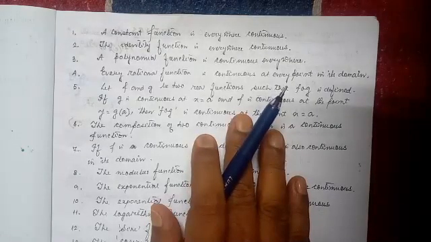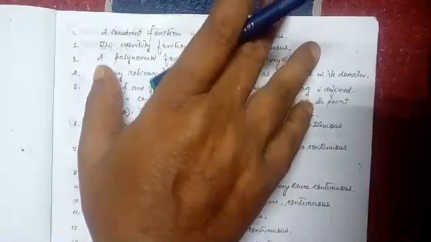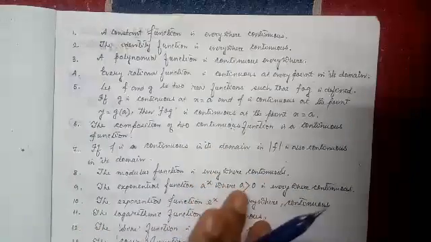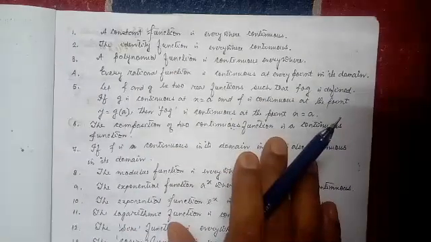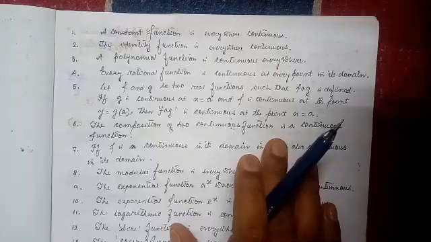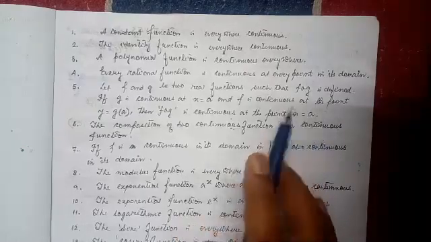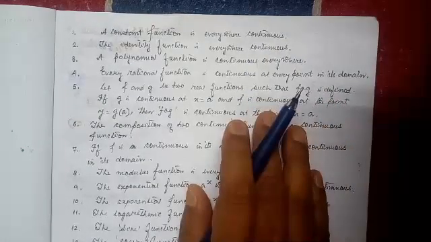We have to keep in mind, here I have listed 15 functions for which no proof is required to mention them as continuous functions. Number 1, a constant function is everywhere continuous.